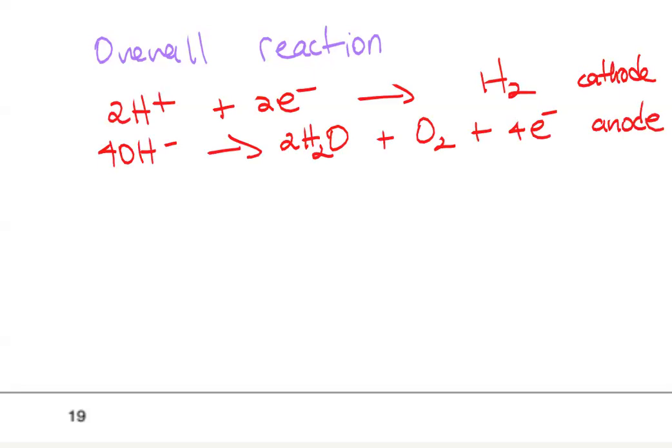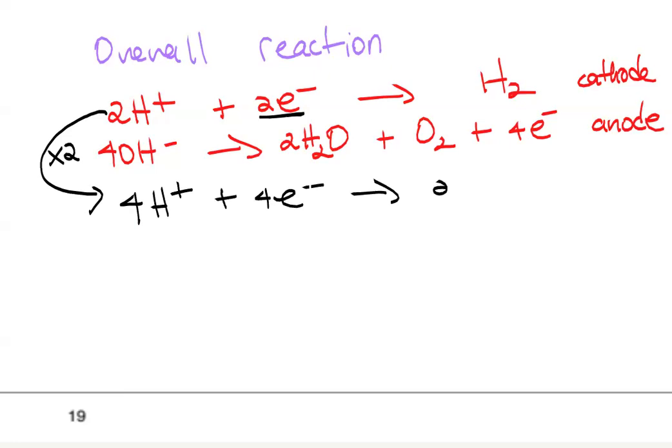So I'm going to balance my number of electrons. I'm going to take this first equation and multiply it by 2. So if I multiply that first equation by 2 to get 4 electrons, 4H plus add 4e will form 2H2 gas. Is that okay with the first equation? Yes or no?